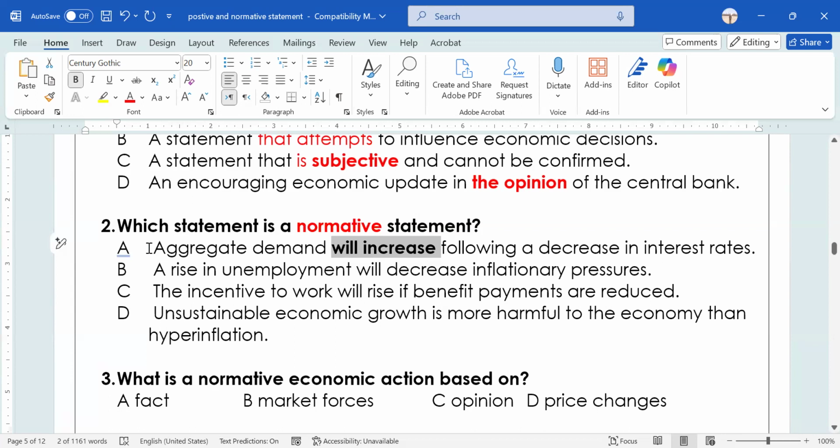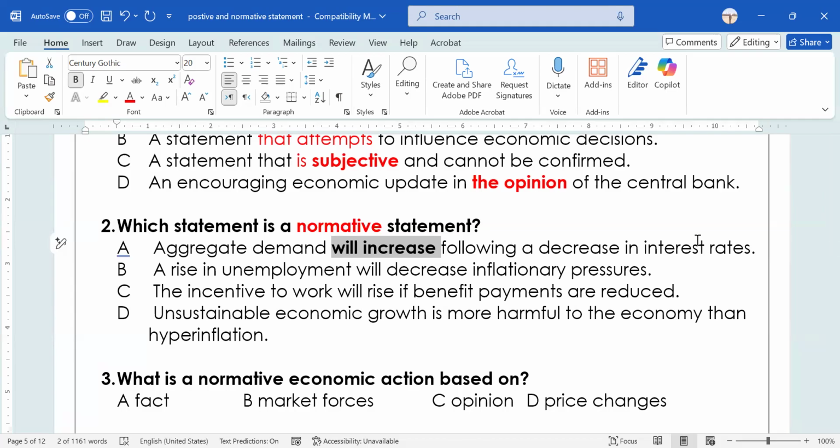One is the aggregate demand and then the interest rate. So what will happen to aggregate demand? It will increase. Why? After there's a decrease of interest rates. So there is a cause and effect relationship.